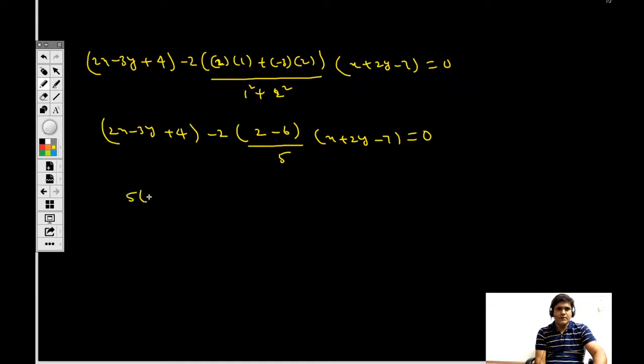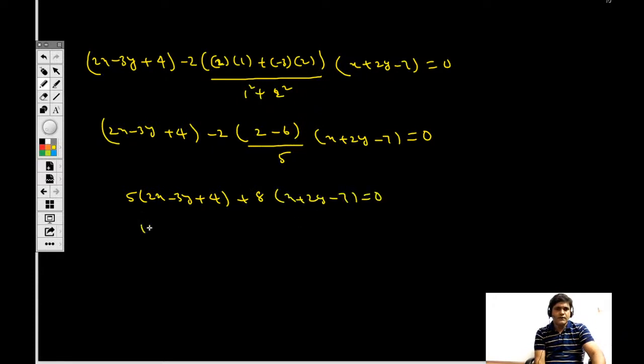That is 5 times 2x minus 3y plus 4, here minus 4 into minus 2, that is plus 8, 8 by 5, 8 into x plus 2y minus 7 equals 0.